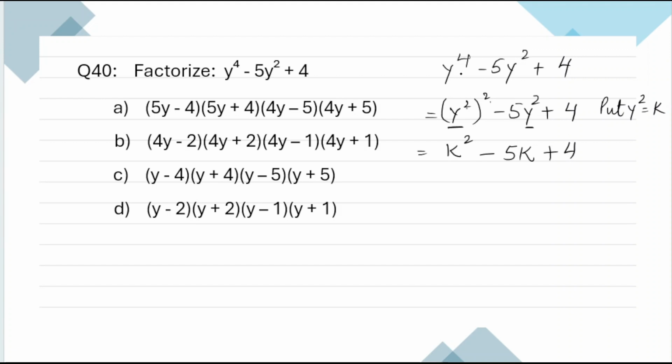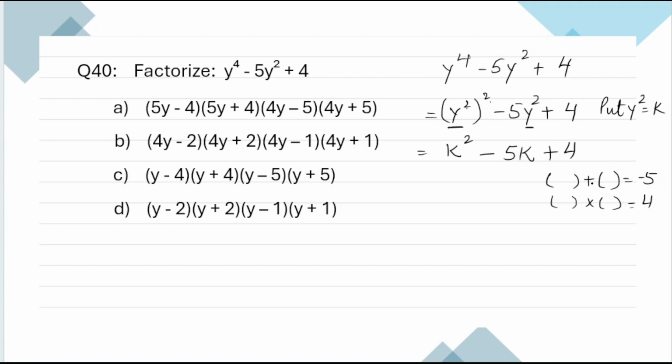And see, by substituting y square as k and doing all these simplifications, this polynomial has been reduced to a quadratic polynomial. And now how do we solve this quadratic polynomial? We know, I am looking for two integers that when added give me negative 5, and when multiplied give me 4.